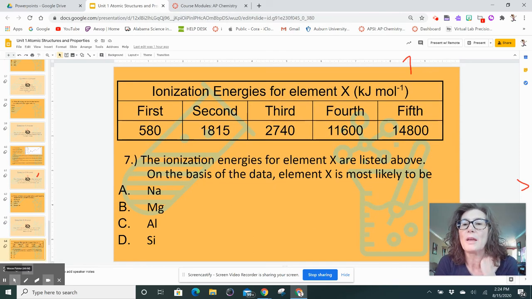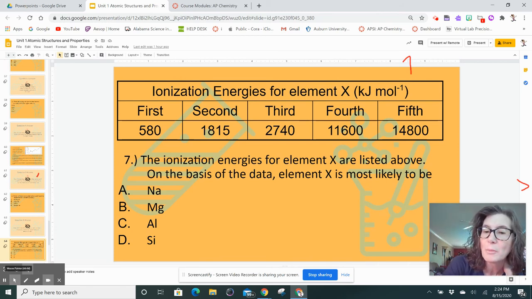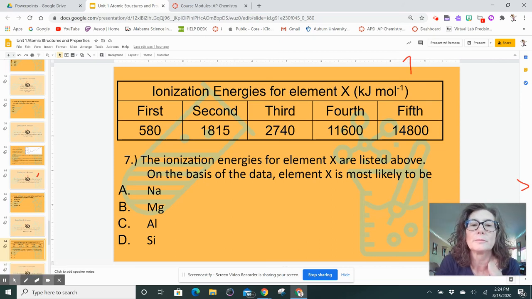Ionization energies for the element X, listed above. On the basis of the data, element X is most likely to be what? All right, well, the first ionization energy is low. The second one jumps up to more than twice that, and then it just continues to get higher.